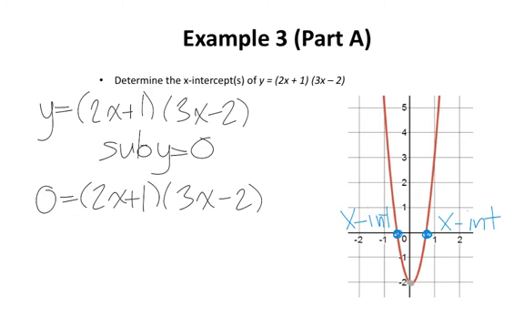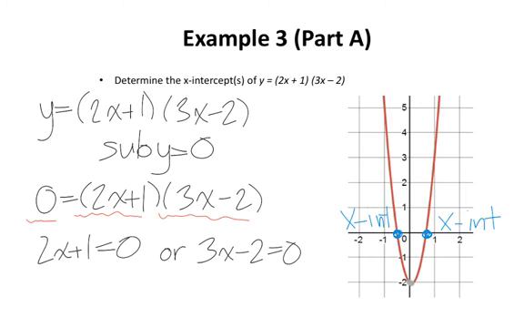So what we have is a binomial multiplying another binomial, and the answer happens to be 0. Therefore, one of the binomials, or both of them, could be equal to 0. So I'm going to write 2x plus 1 is equal to 0, or 3x minus 2 is equal to 0.